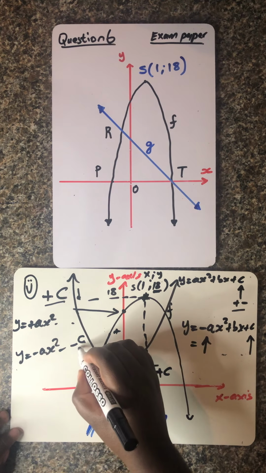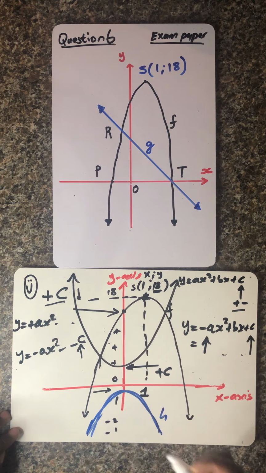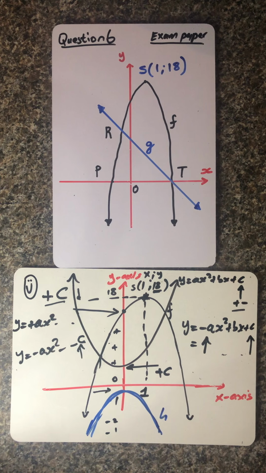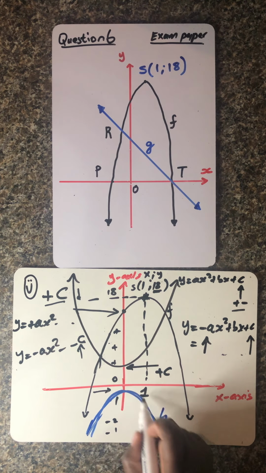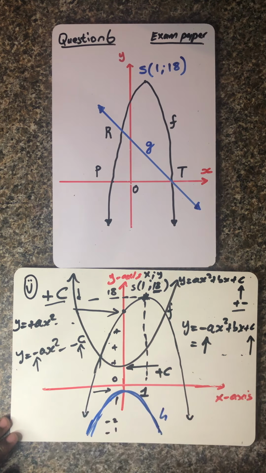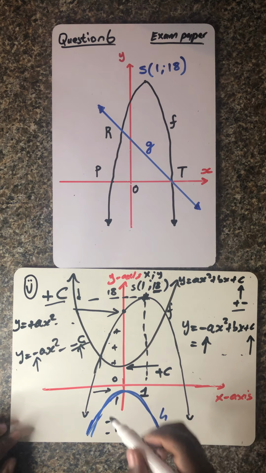Remember that c could be -1, could be -2, whatever it is. What matters the most is that if a question comes and says find the equation of that graph of h, you know your a should be a negative value, your c should be a negative value. Very, very important, ladies and gentlemen.